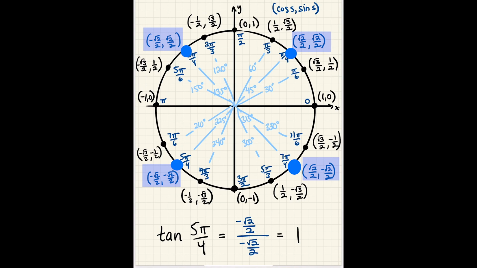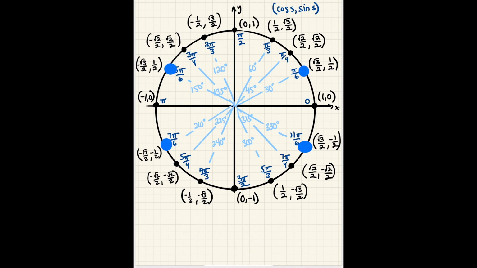So if you're ever looking for sine, cosine, tangent, whatever, of a pi over 4 multiple, you know that the coordinate involved is going to be some version of root 2 over 2, root 2 over 2, with the quadrant determining whether or not each coordinate is positive or negative. So in the third quadrant, of course, everything's negative.